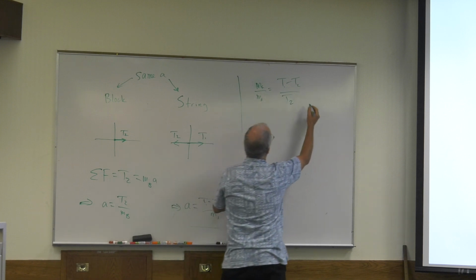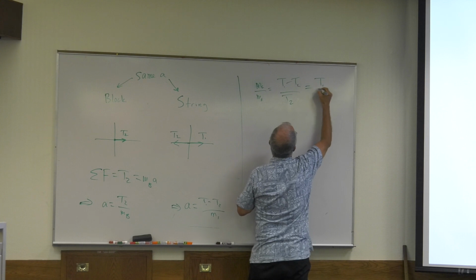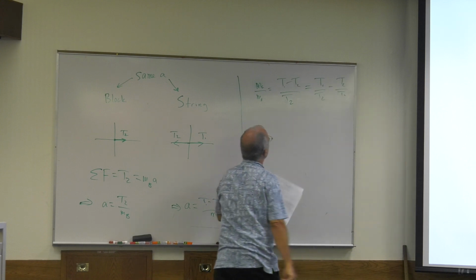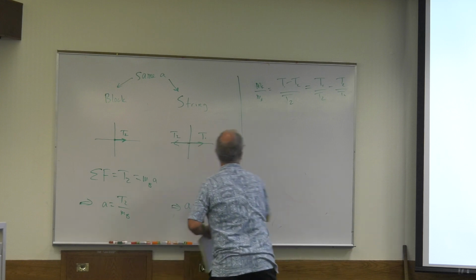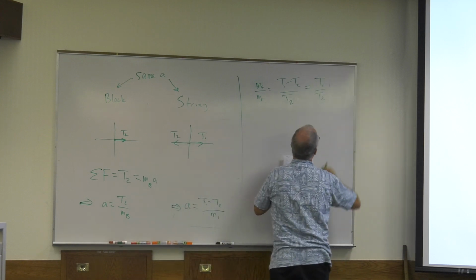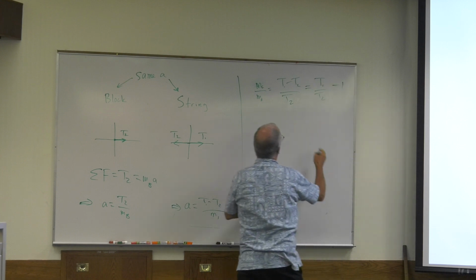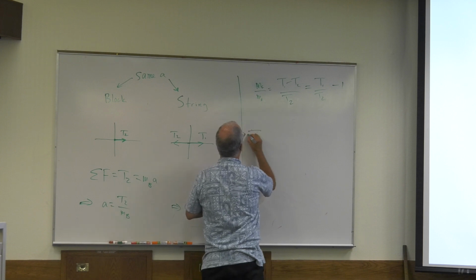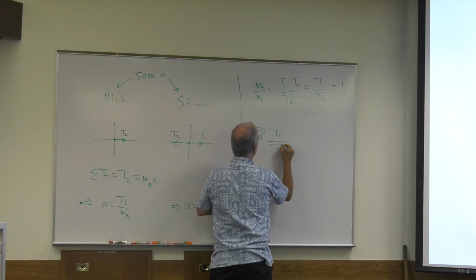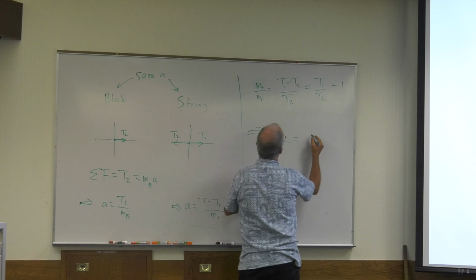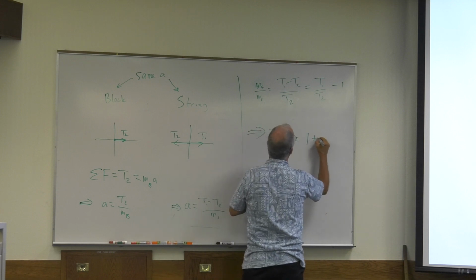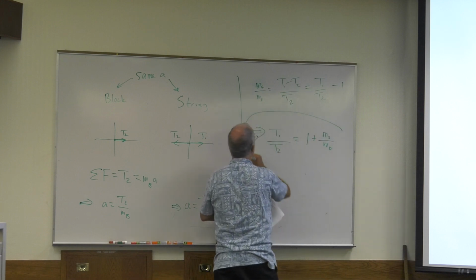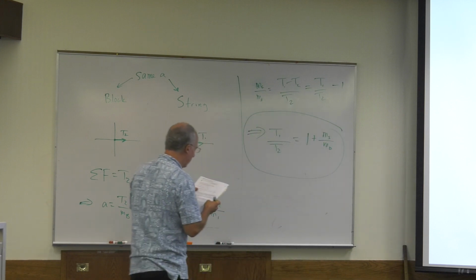Now what is this? That's the same as T1 over T2 minus T2 over T2, and of course, that's just 1. Now I want T1 over T2, so I put that 1 on the other side. I end up with T1 over T2 equals 1 plus M string over M block. Okay, that's what I get.